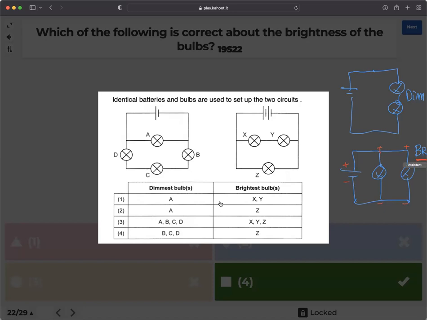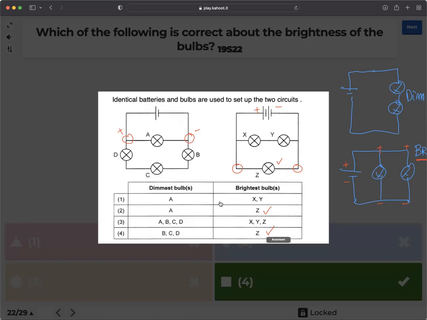Okay, so which one is connected to the plus and minus? So this is a plus and this is a minus. So only the Z is connected to the plus and minus, and the A is connected to the plus and minus. Understand? So A and Z will be the brightest. There's no A, then no A then Z. Understand now?